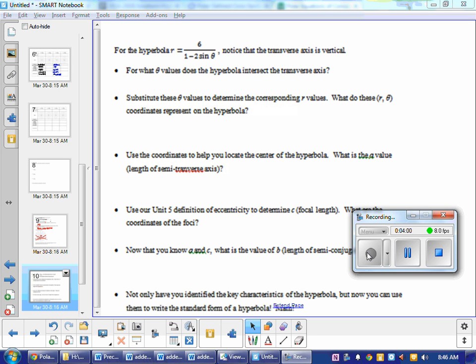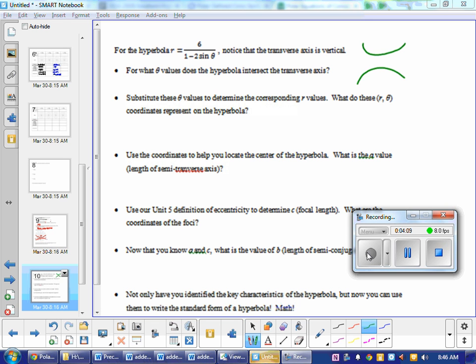The transverse axis is the major axis. Because we have a vertical orientation, because of the word sine, if you think of your unit circle, what 2 angles are on the vertical? They are pi over 2 and 3 pi over 2. Those are the 2 thetas that are on the vertical of our unit circle.